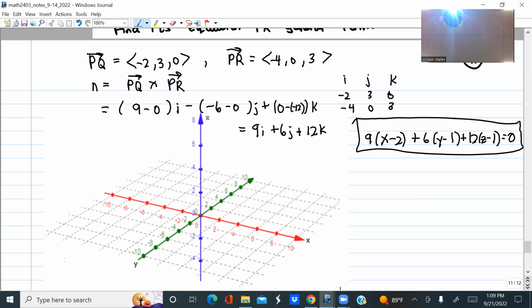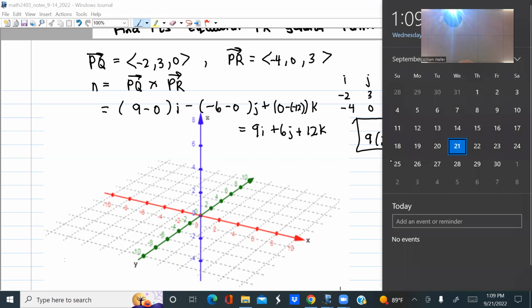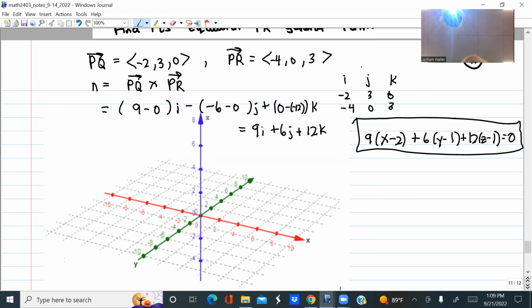Yeah, set 0 for X and Y, right? Does that cause me problems here? Probably it does. Then I get a really strange Z-intercept. Let's see. So you would have 9 times 0 minus 2, plus 6 times 0 minus 1, plus 12 times Z minus 1, is equal to 0.